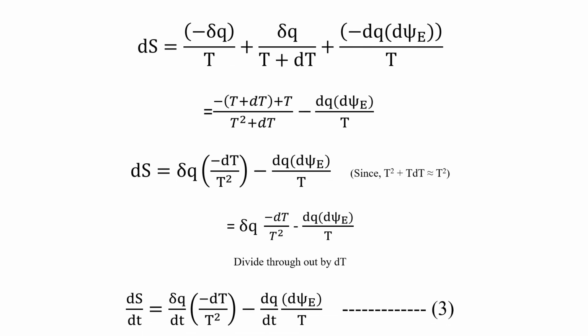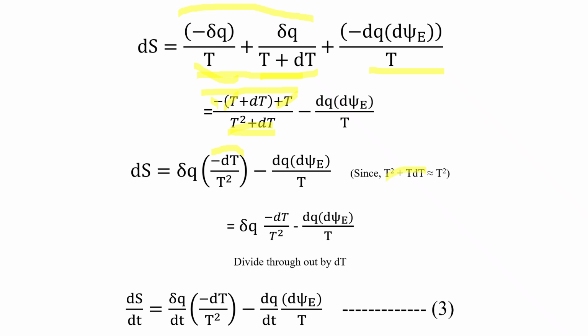Here we have substituted the values for dS1, dS2 and dS3. Taking the LCM for the first two equations, you will get T square plus dT, and the numerator will be changed into T minus T into dT, T plus dT plus T. In this way this minus T and this plus T get cancelled, and you will get minus dT in the numerator, and in the denominator T square plus dT.